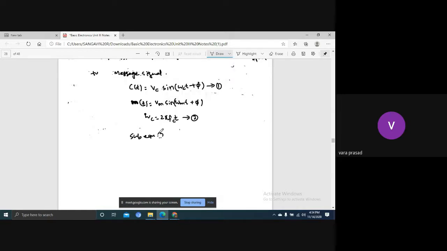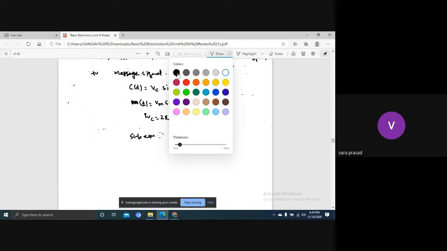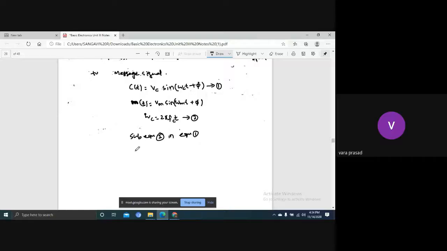Substitute equation 2 in equation 1. Then we will get C of t is equal to Vc into sine of omega plus 2 pi fc into t plus phi.